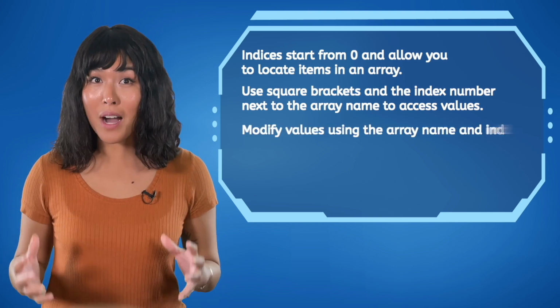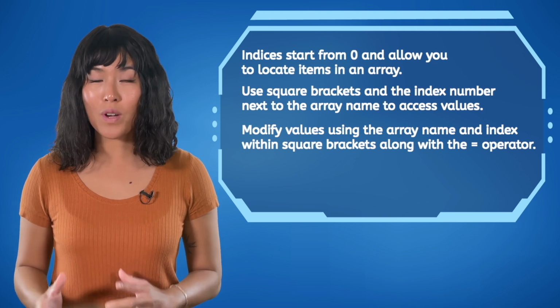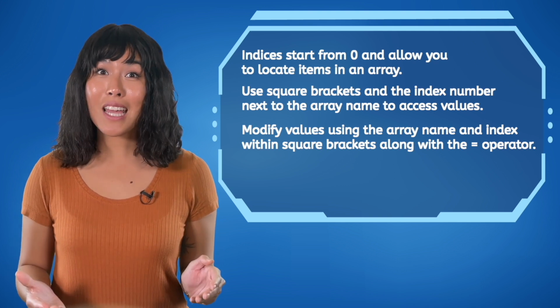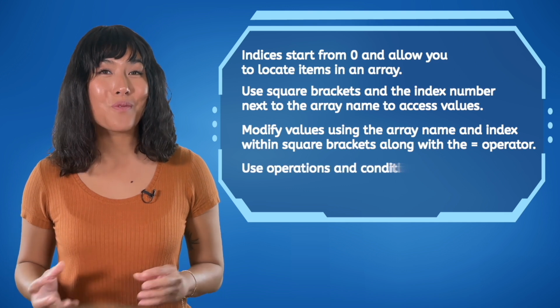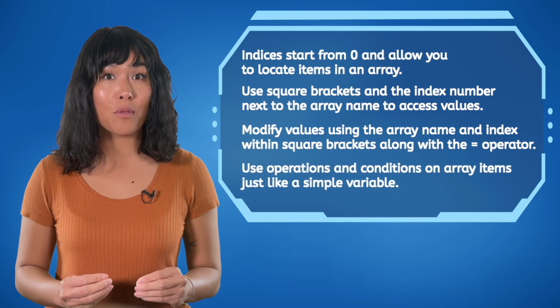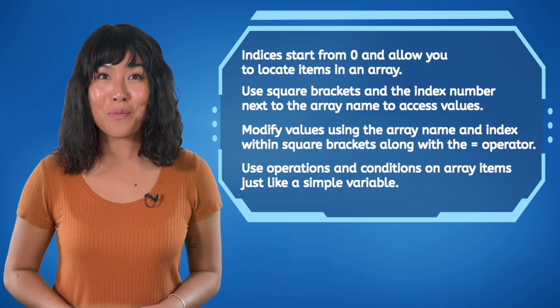We can also modify the values contained in an array by using the array name with its index, just the same as we would use a simple variable. We can then use values within an array with operations and conditions, just as we do with any other simple variable. Be sure to complete the programming tasks, practice questions, and extension activities before moving on to the next lesson.